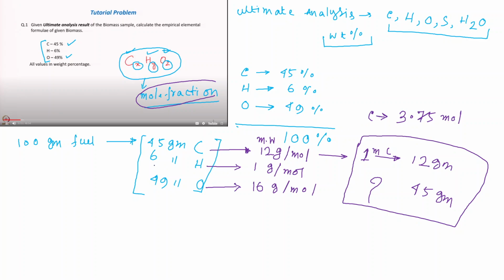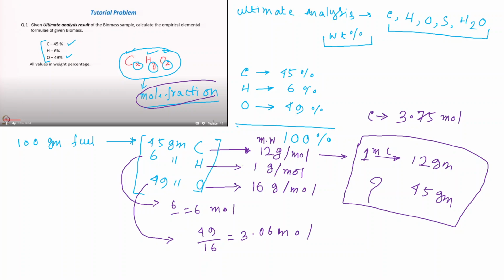Similarly, for hydrogen in terms of mole, 6 gram hydrogen is 6 by 1, which is 6 mole. Similarly, how much mole of oxygen is there? 49 divided by 16 comes to 3.06 mole.